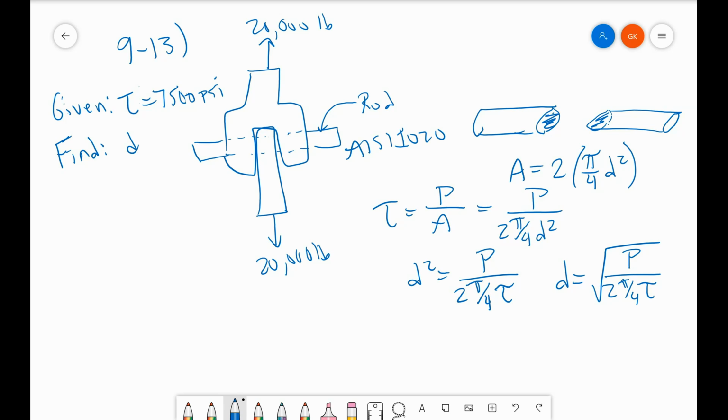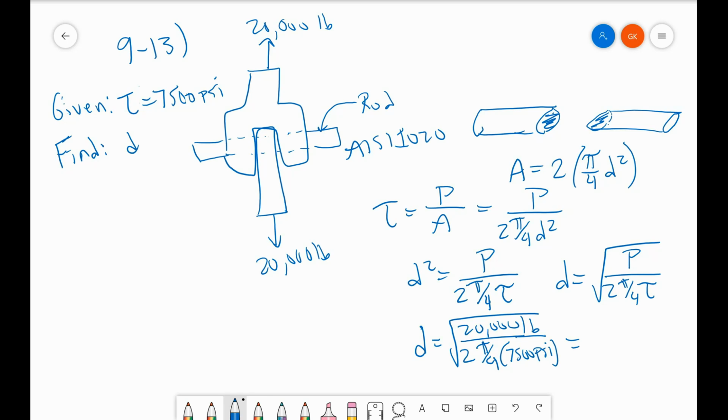And then I plug in all of my information. I get that D is equal to the square root of 20,000 over 2 times pi over 4 times 7,500 psi. That one's pounds right there.